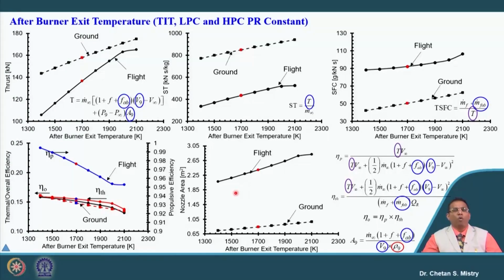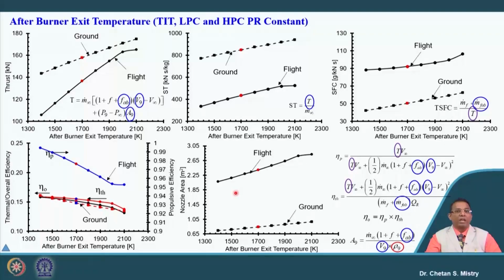So, overall we can realize here that afterburner operation is what is needed. The reason we are looking for afterburner operation is to increase the thrust. Now, in order to increase the thrust, we will play with parameters like overall pressure ratio, turbine entry temperature, afterburner temperature, and maybe the mass flow rate.